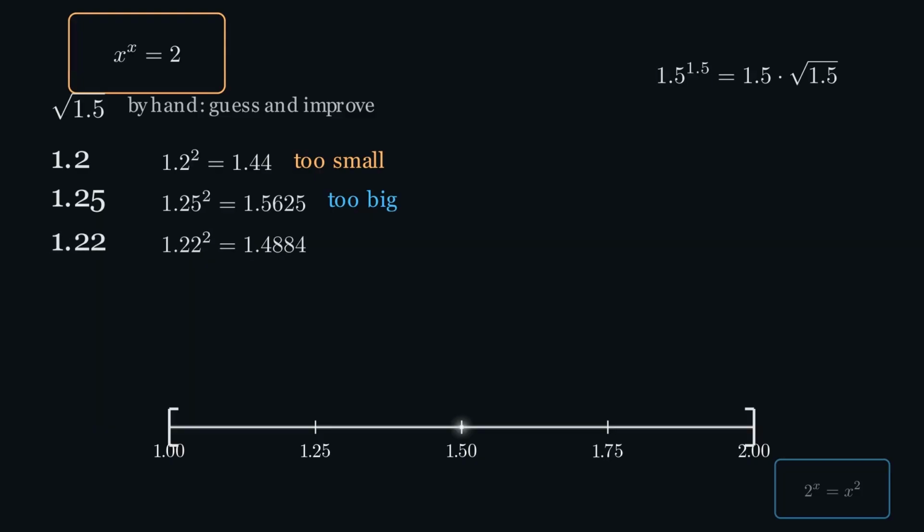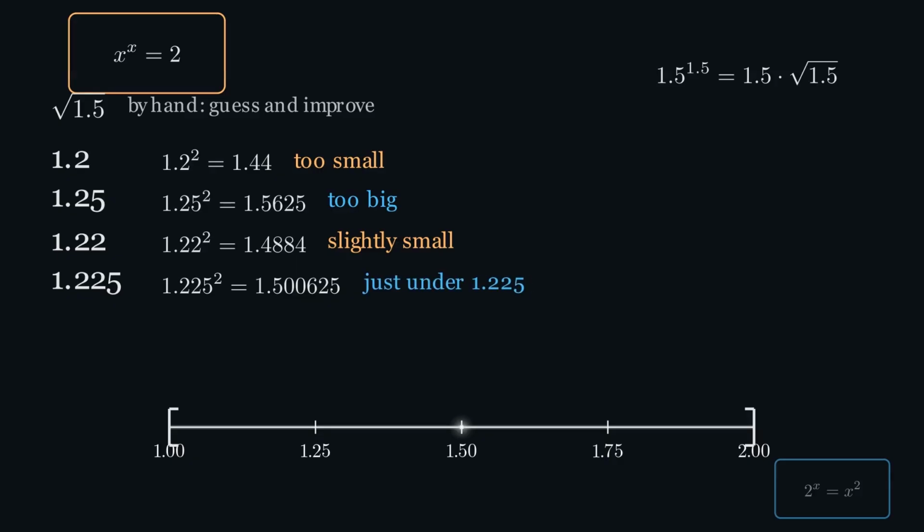Square. 1.4884. Slightly small. 1.225. 1.5006. So the square root is just under 1.225. Push one more digit. 1.2247. Square it. 1.49989. Close enough to taste.